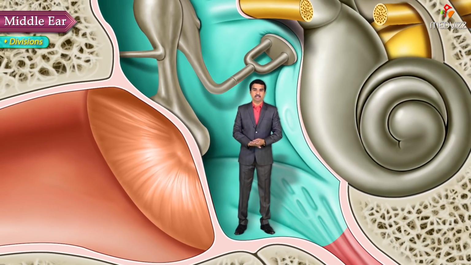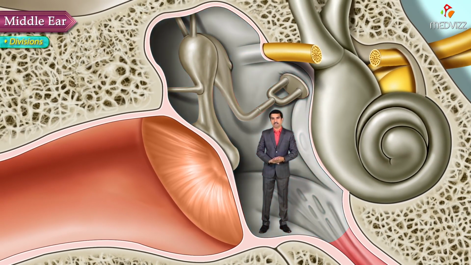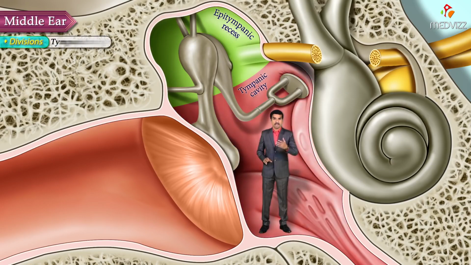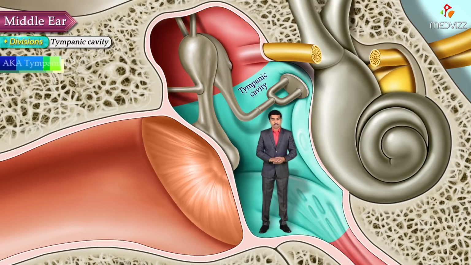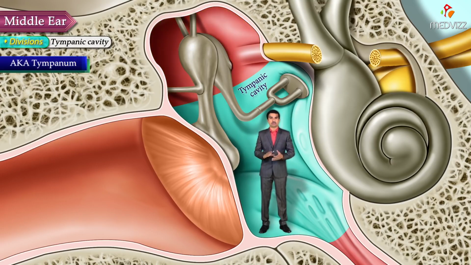Now coming to the divisions of the middle ear. The middle ear can be divided into two parts. The first one is called the tympanic cavity and the second one is called the epitympanic recess. Now let us discuss the tympanic cavity. The tympanic cavity is also called the tympanum.